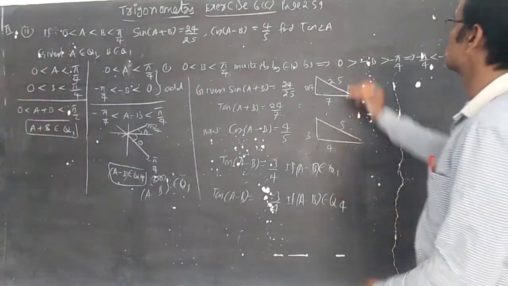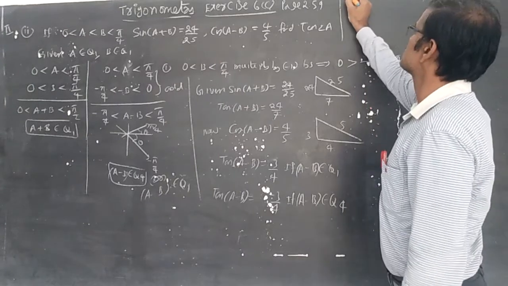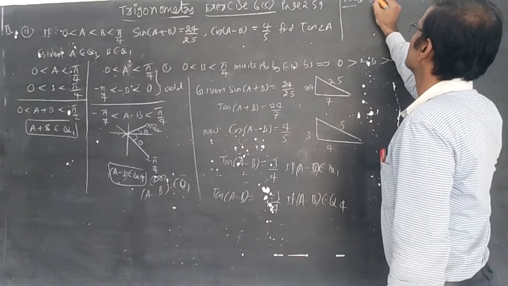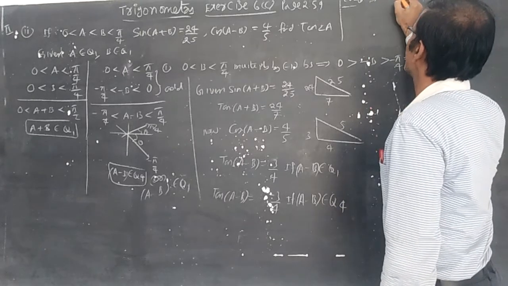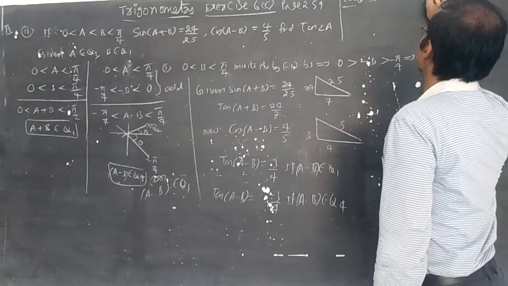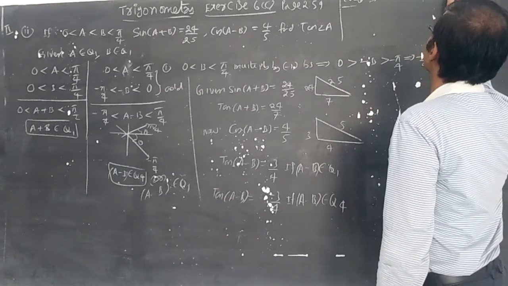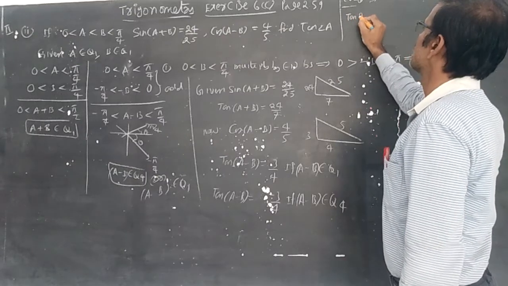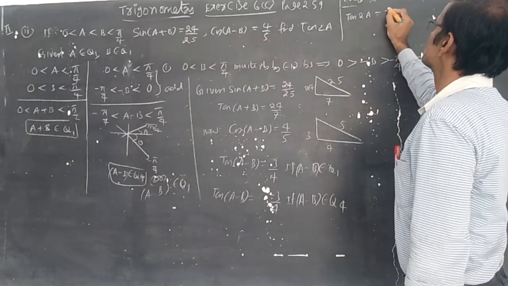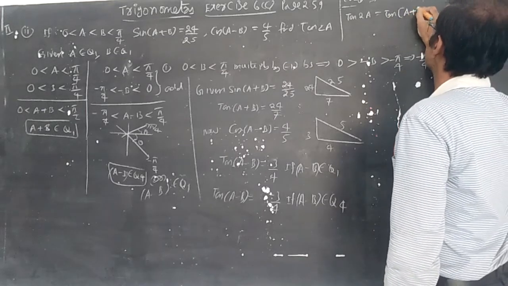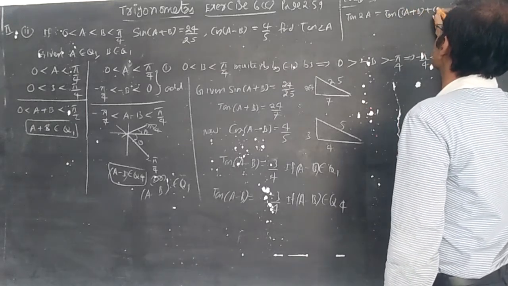So now case 1 I am writing. If A plus B and A minus B both are in Q1, tan 2A, write the formula like this: tan of (A plus B) plus (A minus B).